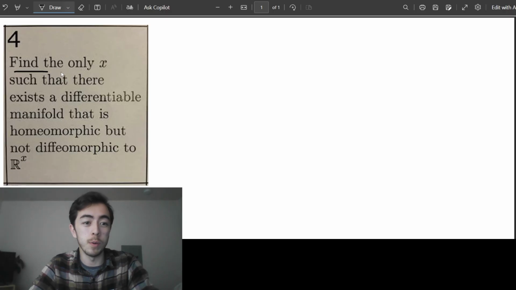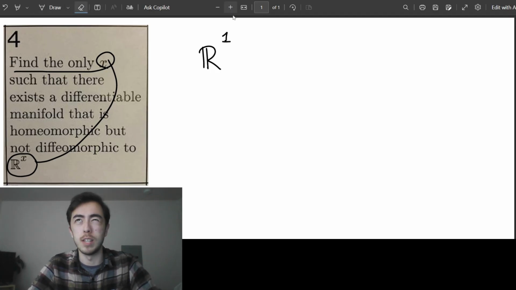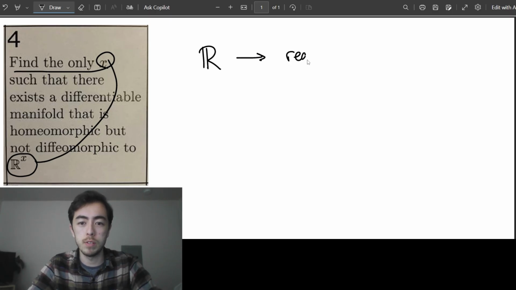We are finding the only x. I'm stopping there because I want to talk about what this x is doing down here with this double bold R. So if you imagine doing something to the power of 1, that's the same thing as doing nothing. And so R1 would just be R, and this is the symbol that we use for the real numbers.